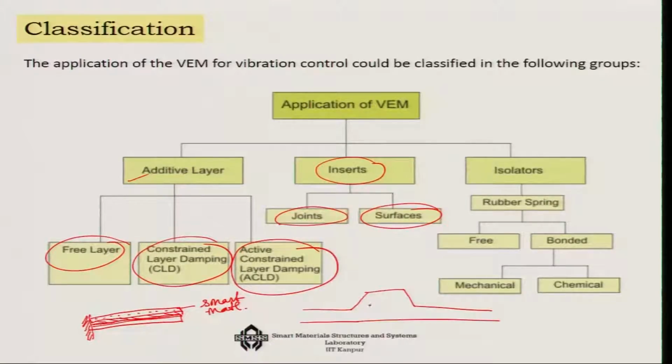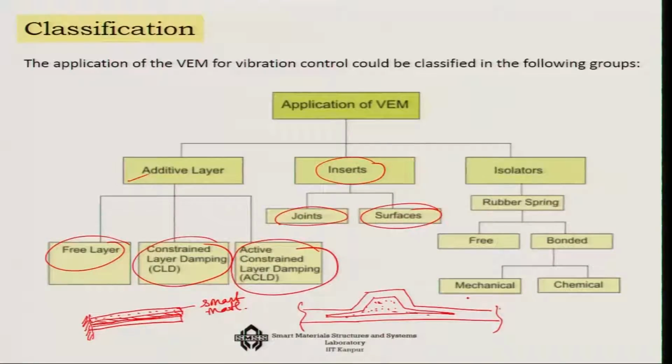So, you have something like what we call a top hat stiffener composition. This is where the viscoelastic materials will be given, because this is a joint of the two layers. So, you are going to get viscoelastic materials in this part, as inserts. Similarly, it is also used in surfaces.